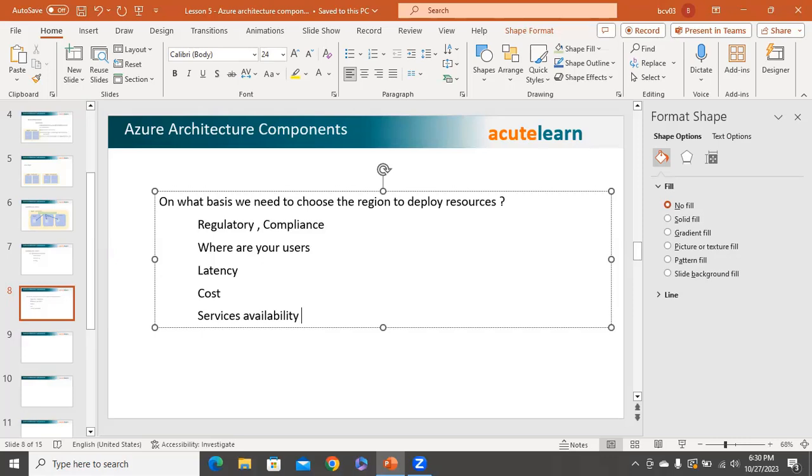So based on all these factors, we need to choose the region. It's not simply that we go and create resources in South India or Central India. There are factors we look at: regulatory compliances, where your users are, which data center is nearer to you from the perspective of network latency, which one is going to be cheaper for us, and whether the services are available.